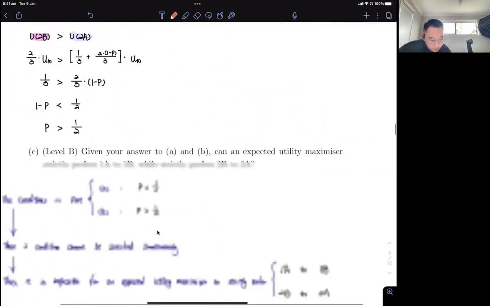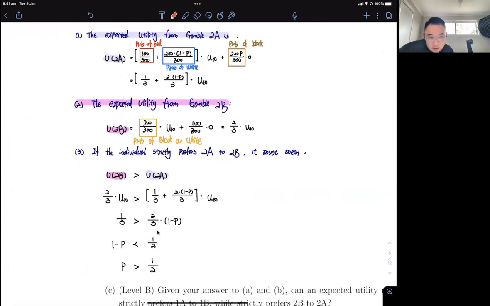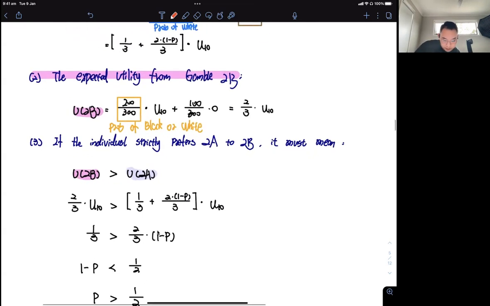So this probability will be 200 over 300, 2 over 3, times U10, plus 1 over 3 times 0. So we know it's 2 over 3 times U10. If this individual strictly prefers 2B to 2A, okay?